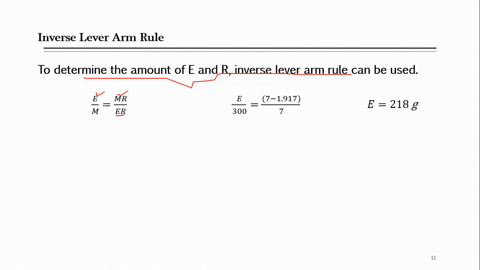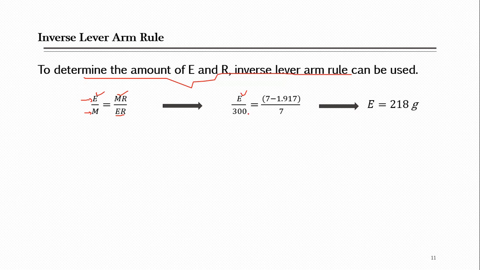Now we know three of these quantities, and the fourth one, E, can be calculated. E is the extract which you are looking for, M is the amount of the mixture you already know, MR is the distance you have seen in the diagram, and ER overall you have seen. So these distances are provided here.